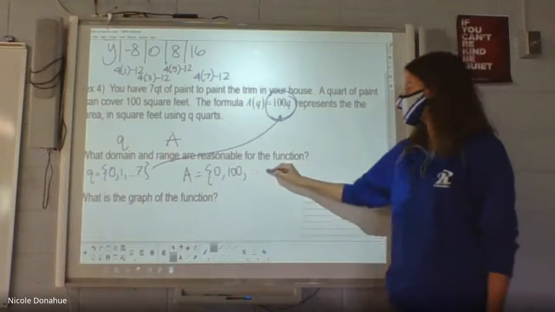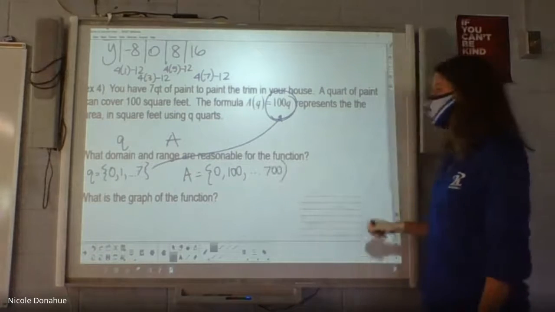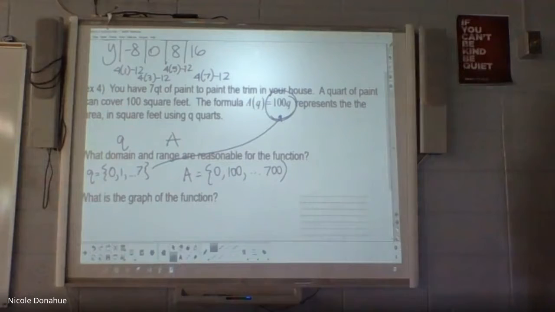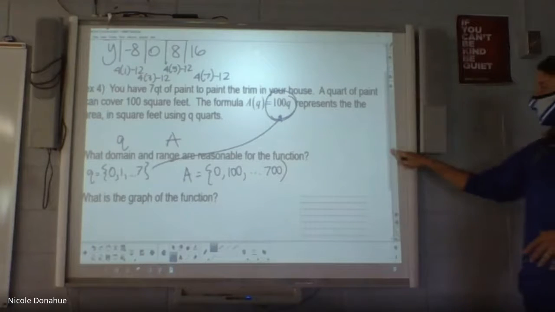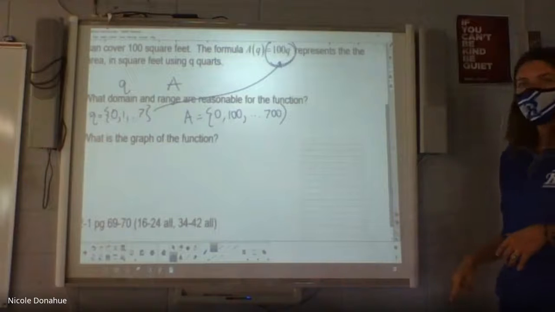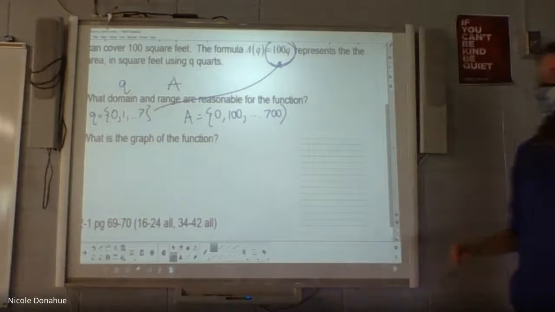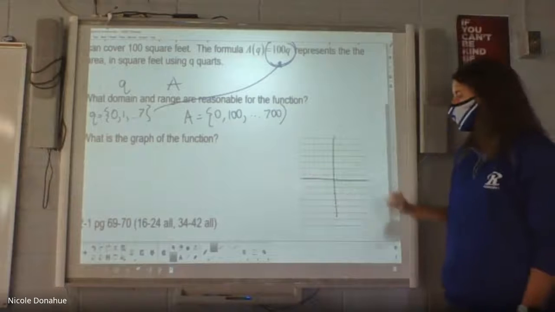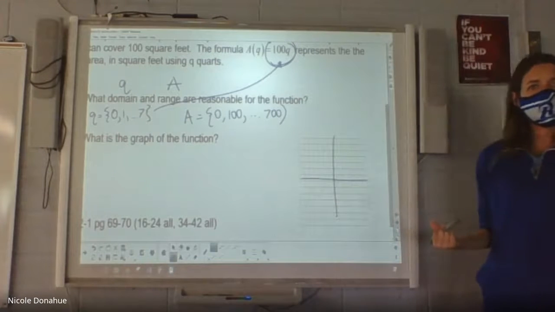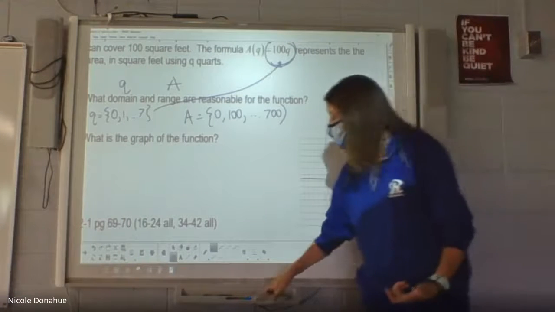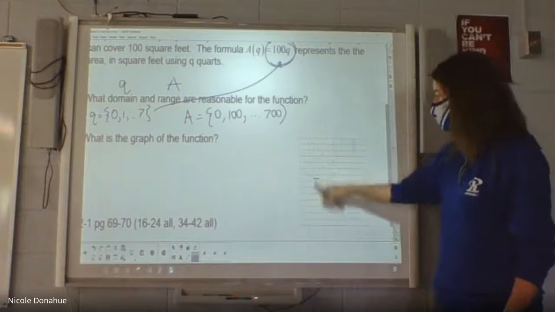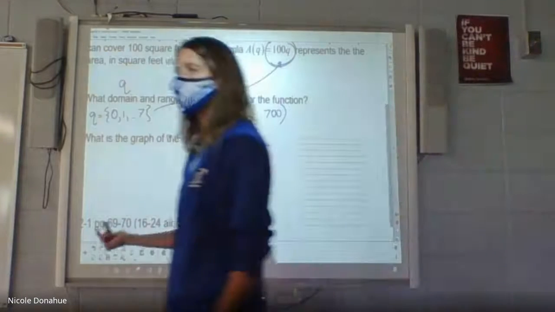700. Why are these numbers helpful for my graph? Why would this be useful for my graph? Yeah, that tells me my x and y axis. Don't draw this, but we're so used to drawing a graph that way. Is that even useful in this case? No, because I don't care about the negatives, because I'm not going to paint negative rooms in my house.